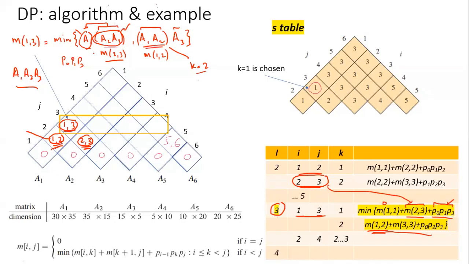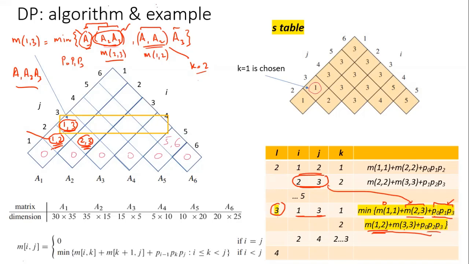We've only got this result saved and this result saved, but we don't have the result of multiplying those two matrices saved, right? So we have to do some computation at every level. We're going to take this multiplied by this product, and this multiplied by this product, and then compare.